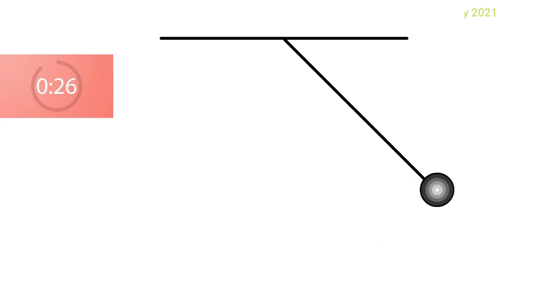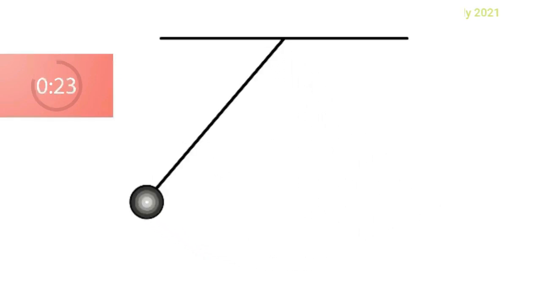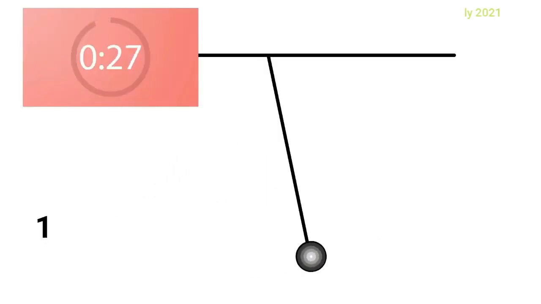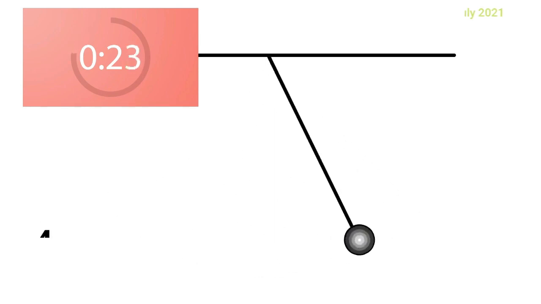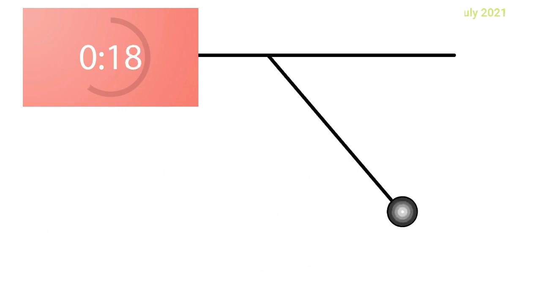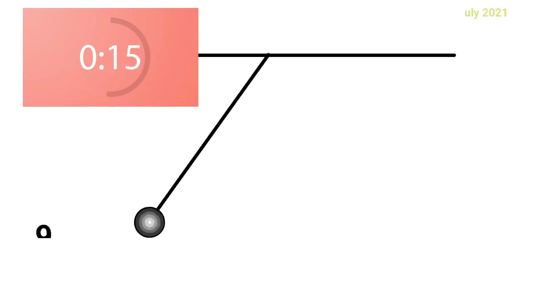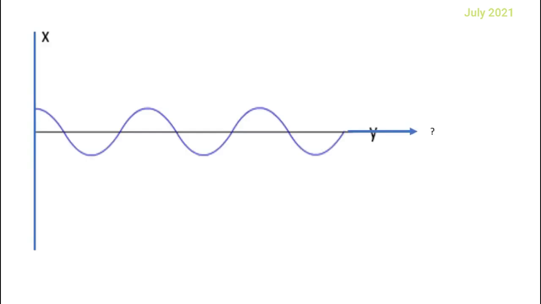Finding time period will be easier when you take the time for 10 vibrations or 10 oscillations, because measuring time for one oscillation or vibration is a bit difficult. So it is better to count for 10 vibrations and then divide it by 10, you get time for one oscillation.